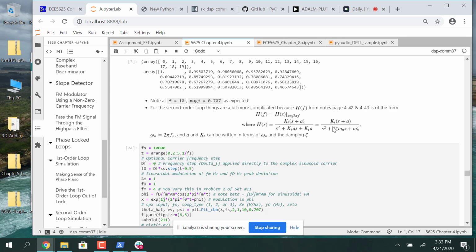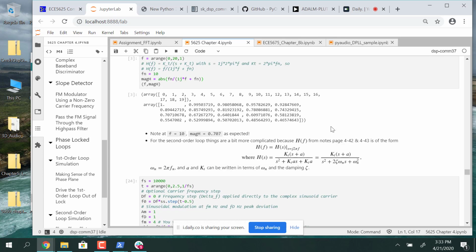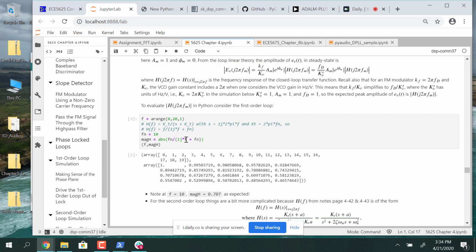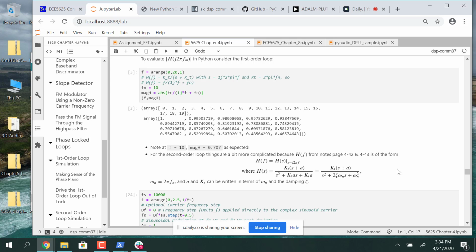But this you can plot, you can take this expression here and set it up just like I did in here, make the substitutions directly, plug the constants in, and then replace S by j2 pi f everywhere, and then you'll be able to sweep this guy's response out theoretically as well.